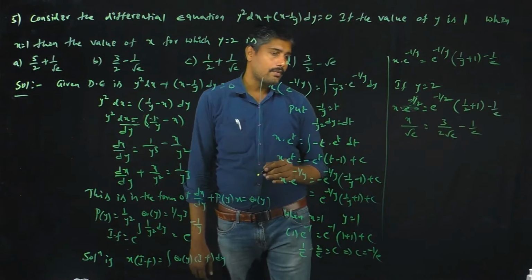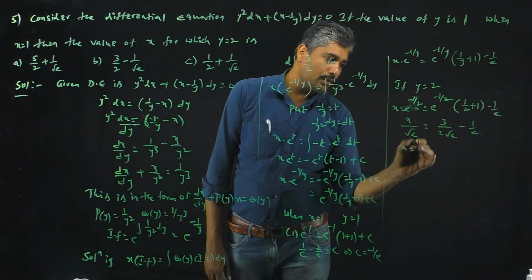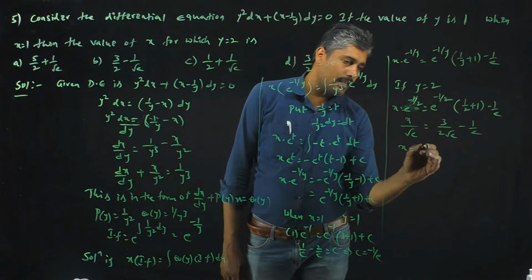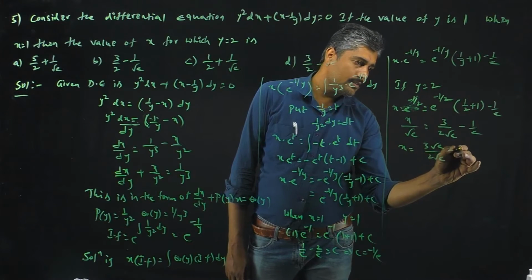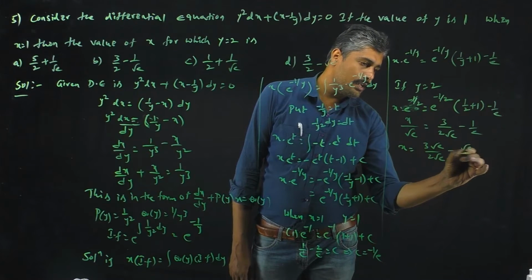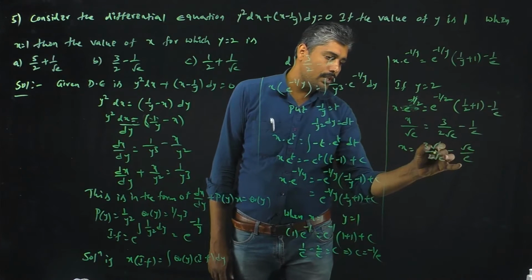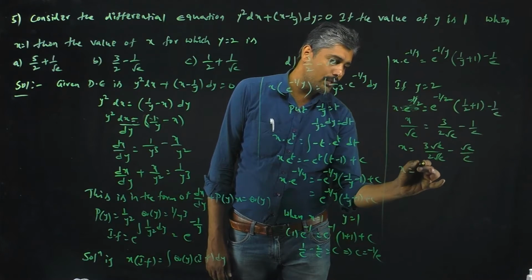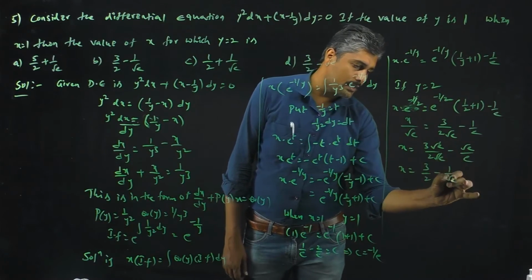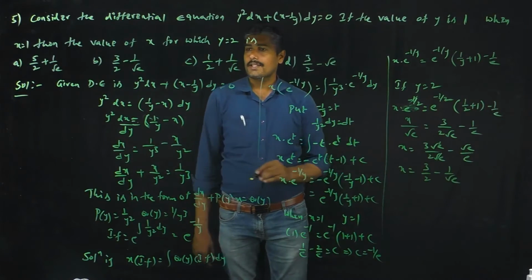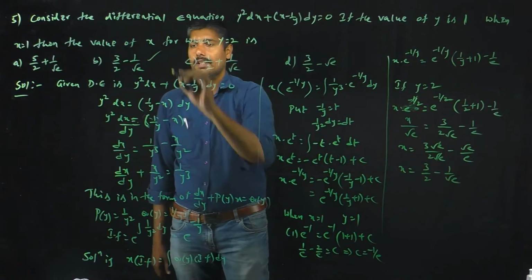Therefore x equal to 3 root e by 2 root e minus root e by e. Root e cancels. Therefore x equal to 3 by 2 minus 1 by root e. That is the answer. Therefore option B is the correct one.